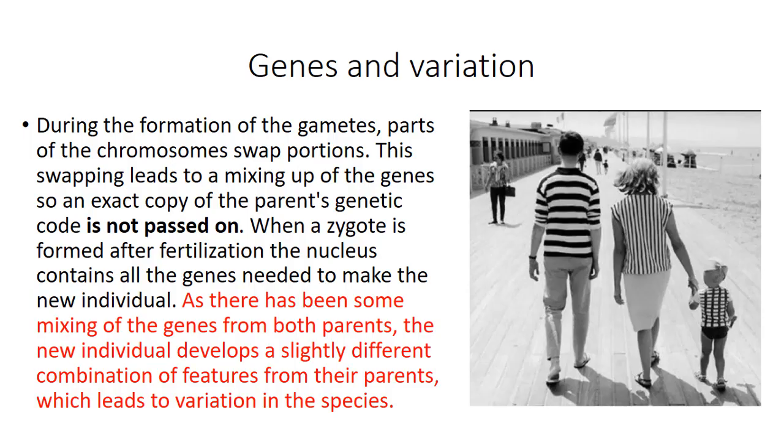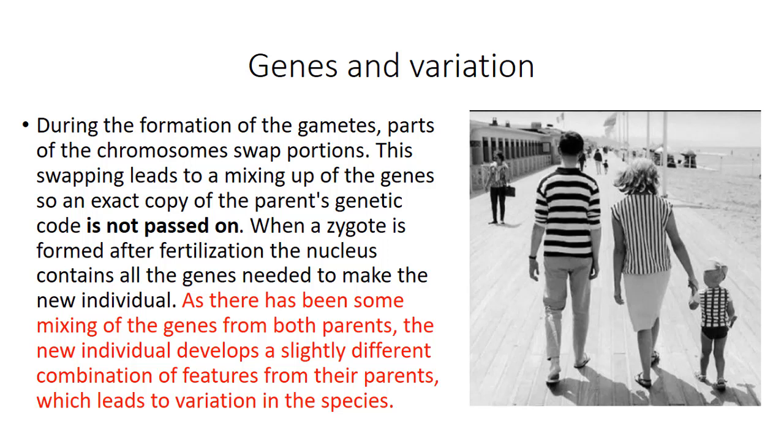So here, genes and variation. The answer to the question why we don't look exactly like our dad or our mom. During the formation of the gametes, guys, parts of the chromosomes swap portions. It means they change some of their particles. This swapping leads to a mixing up of the genes, so an exact copy of the parents' genetic code is not passed on.